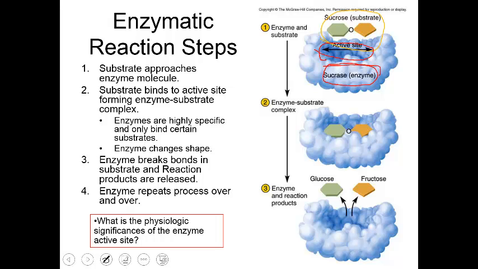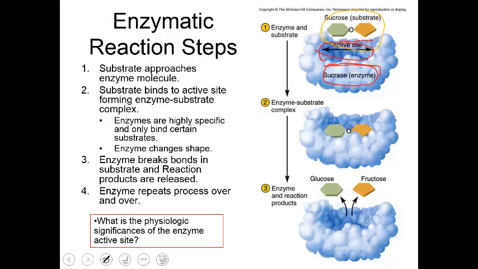In this case, it is sucrose. Now over here, on sucrose, you have a region that is going to fit in, so it's a lock and key mechanism. So sucrase can only break down sucrose. Lactase can only break down lactose. The surface on sucrose is called the binding site. So please don't get confused between what the active site is and the binding site is. The active site is present on the enzyme, the binding site is present on the substrate.